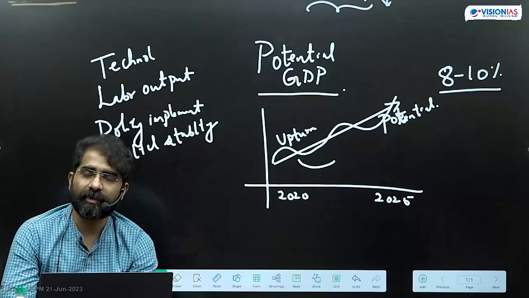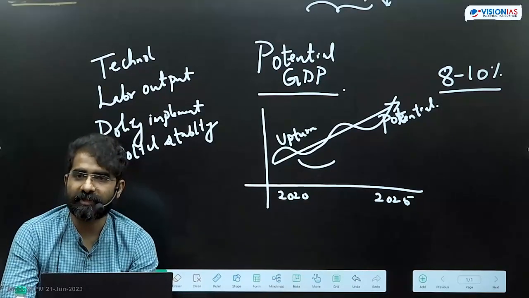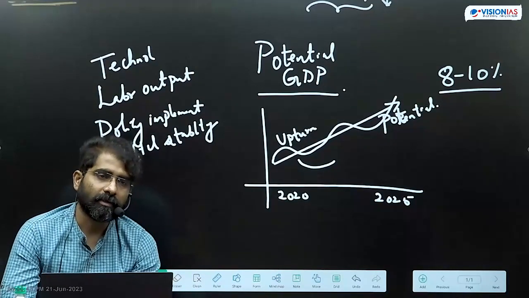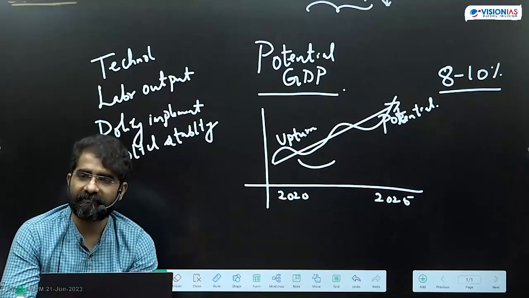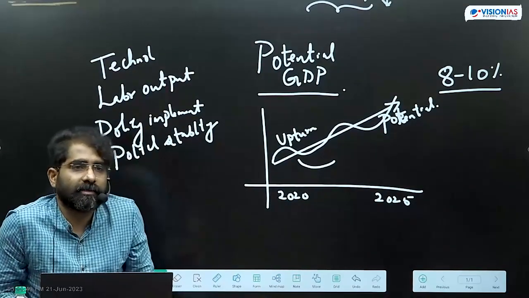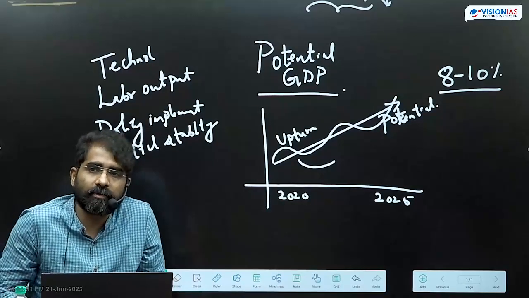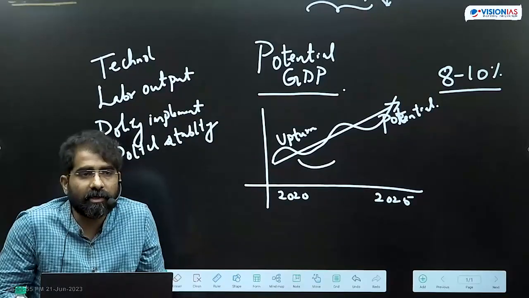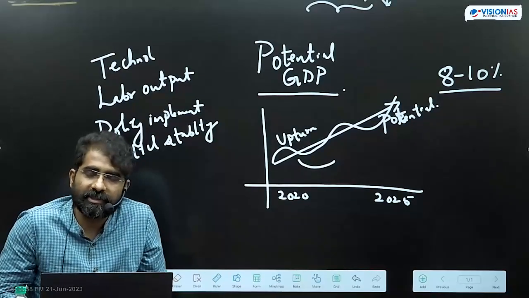Aging population means your labor contribution is very difficult, so your cost for acquiring labor will be higher. Countries like India have a favorable demographic dividend. You have more working age population, those between 15 to 59 or 64 years, so they can contribute to the GDP. So this is one aspect.